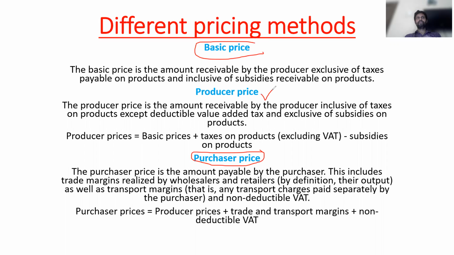Imagine a farmer is an agriculture producer. He expects a particular amount from the people who purchase the output. It is called the basic price. Wholesalers purchase particular stuff from the farmer. Then he has a process at his organization.